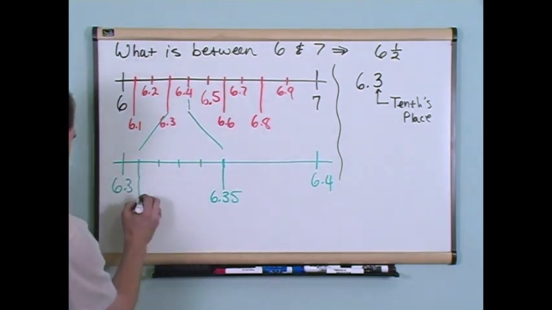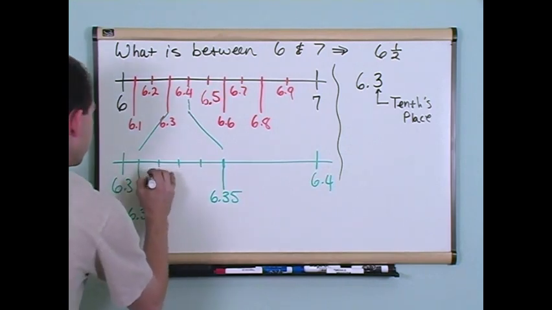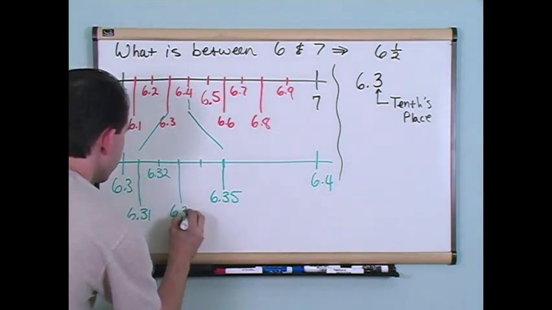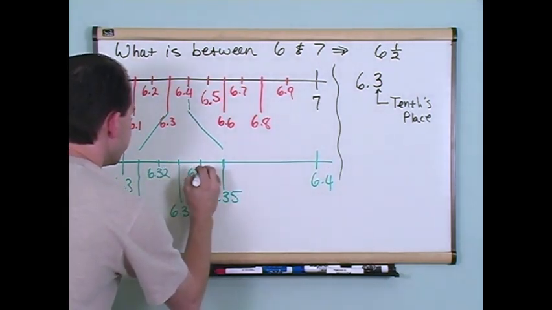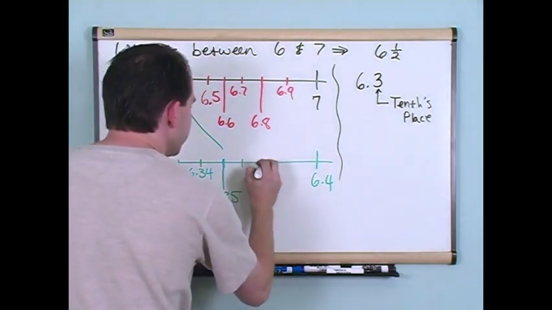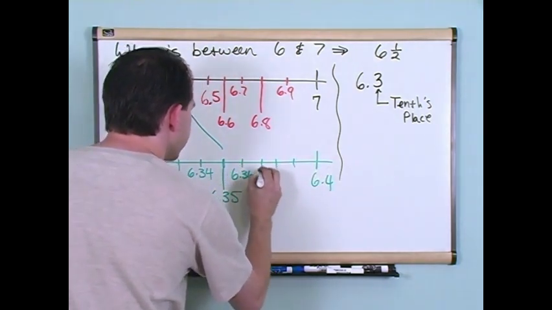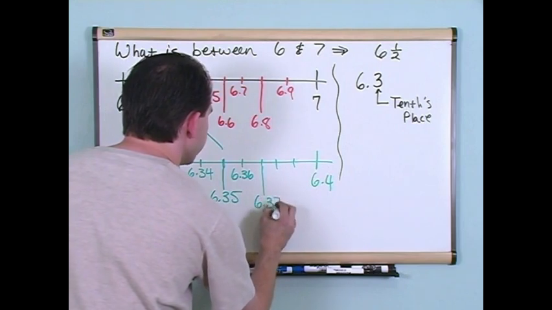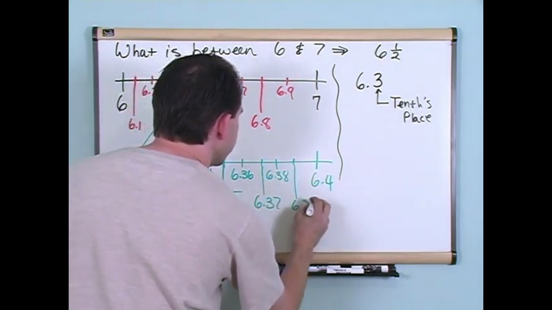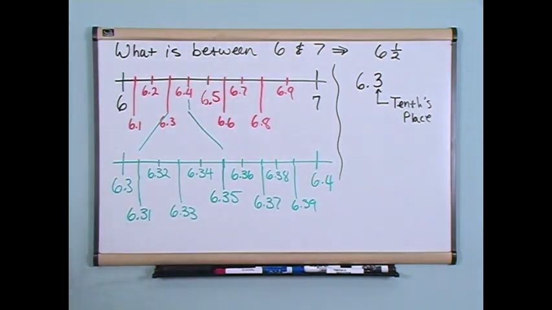Down here, you're going to have 6.31, 6.32, 6.33, 6.34. Here's 6.35, and then 1, 2, 3, 4, 5. We'll have 6.36, 6.37, 6.38, 6.39, and then when we get to the end, again, we get to 6.4.